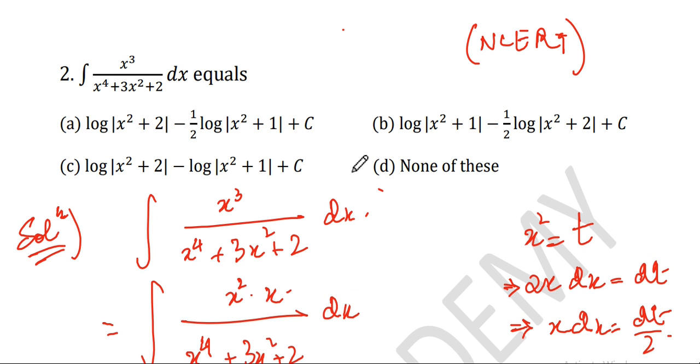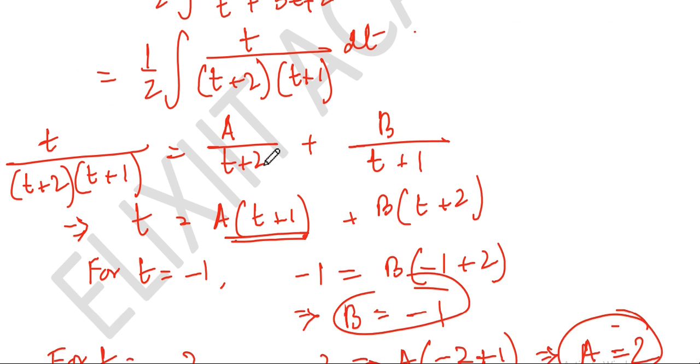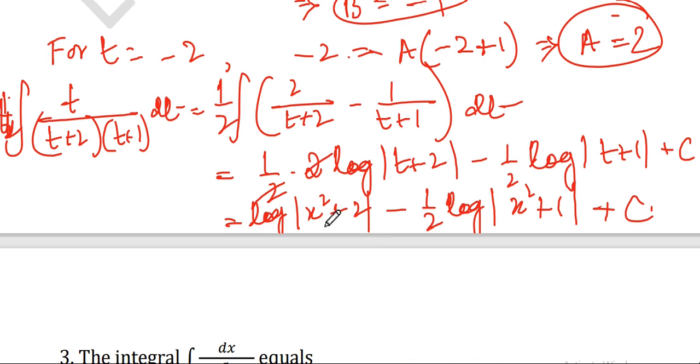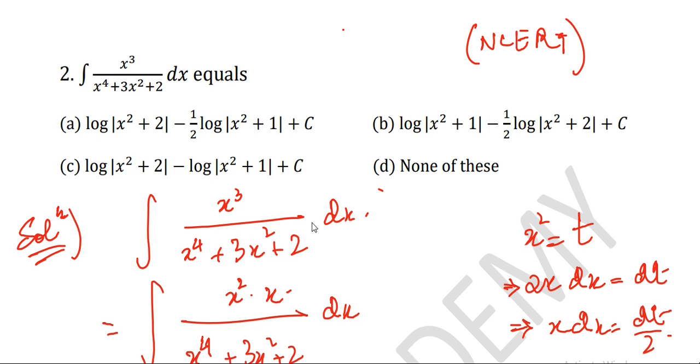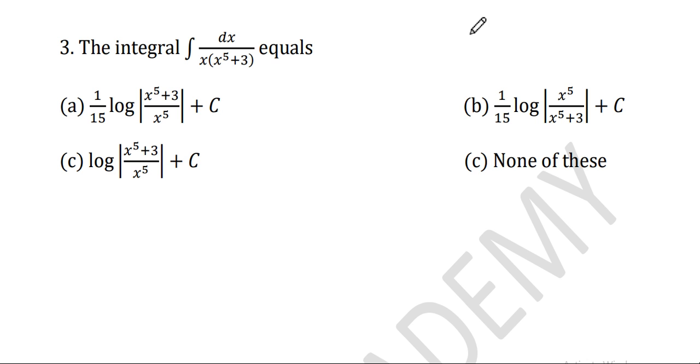Sorry, we had log of x square plus 2. What we have is log of x square plus 2 minus half log of x square plus 1 plus c. Option A is the right answer. Let us move on to the next problem.